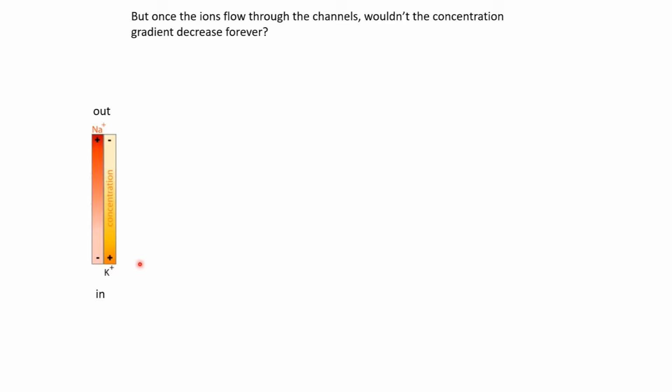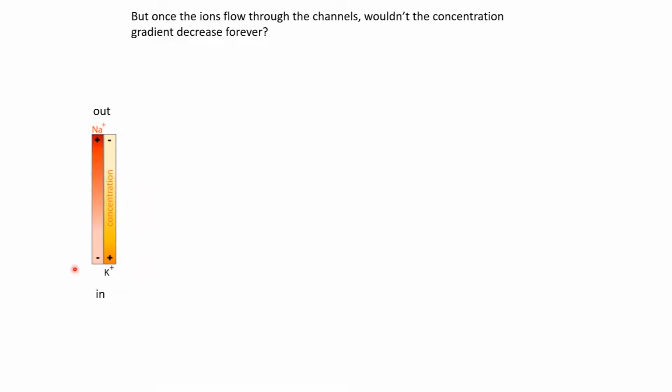So if we want the cells to function over time, we have to somehow maintain these gradients despite the ions moving. How can we achieve that? The way the cells have solved this problem is by having some pumps that basically push out these ions again to the other side.